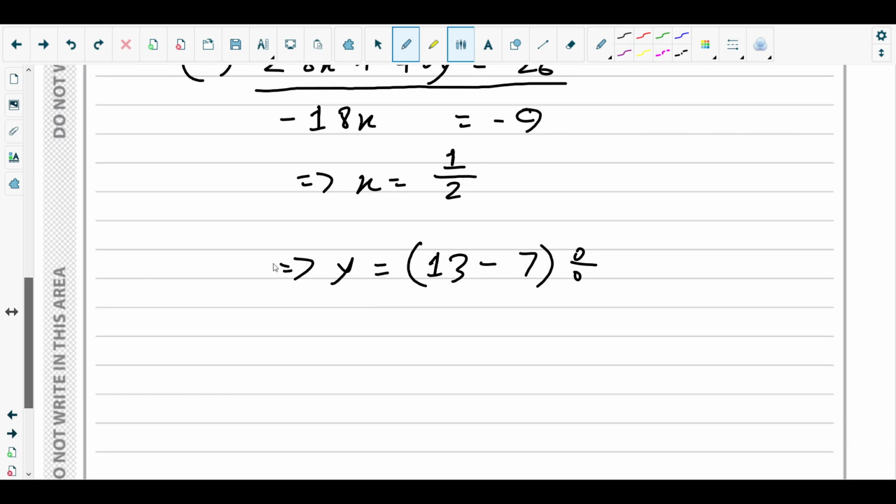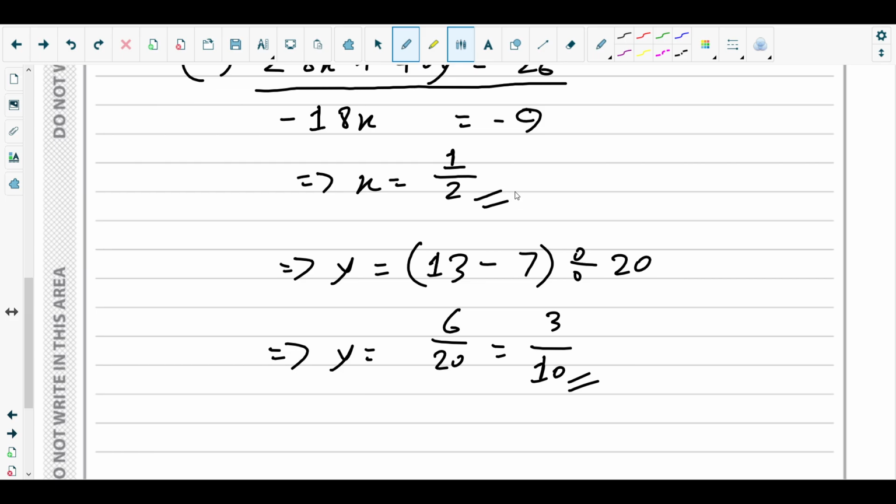So the value for y is 6 over 20, which is basically 3 over 10. So this is the value of y, this is the value of x. Done.